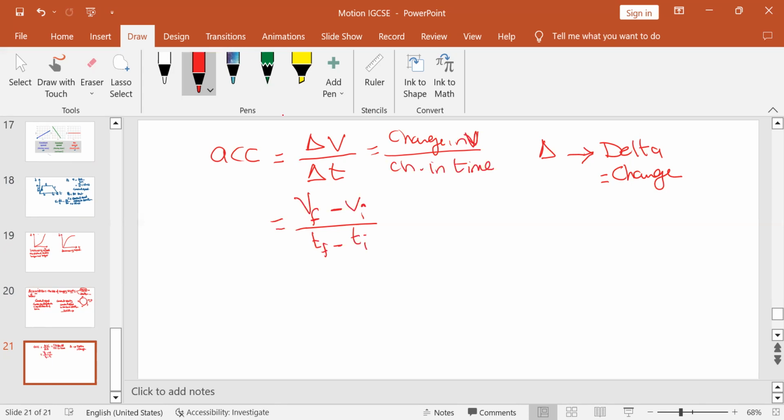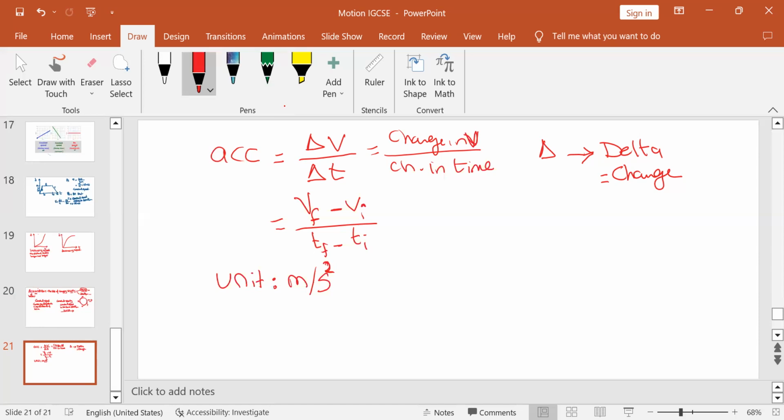Okay. Do you know what is the unit of acceleration? What is the unit of acceleration? Meter per second squared.